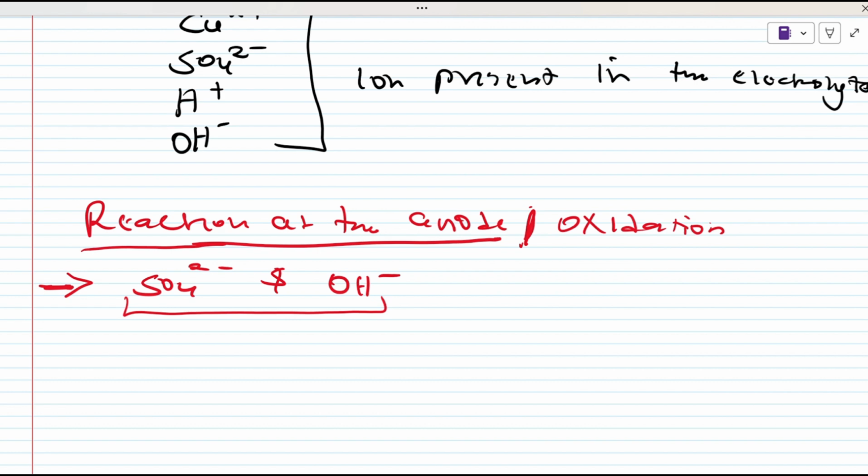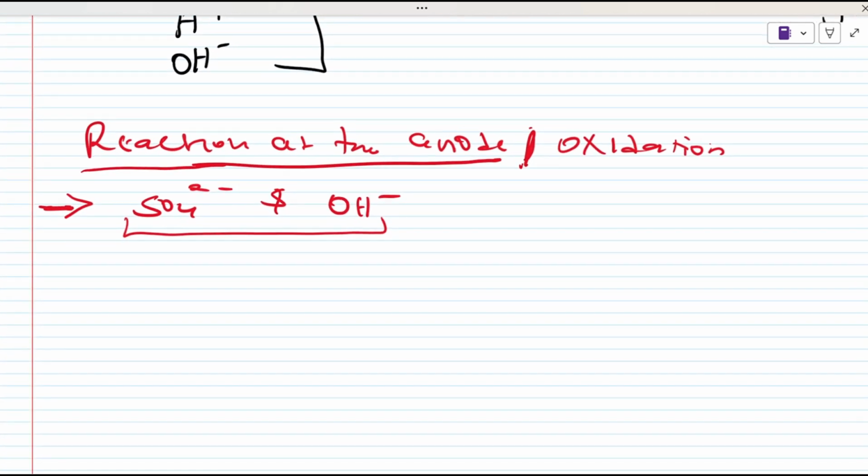Every student needs to understand that when such reactions occur, all these substances are going to move to the anode. And sulfate ions are almost impossible to oxidize because they are stable. But hydroxide ions can be oxidized.